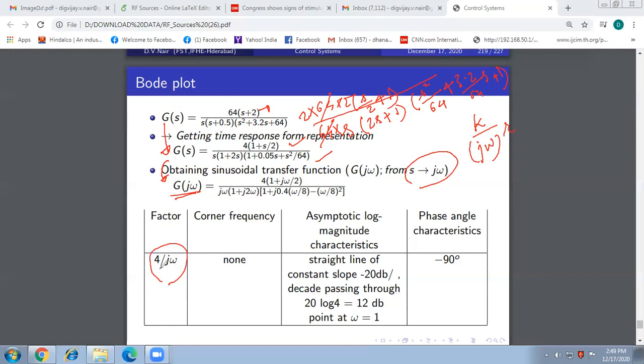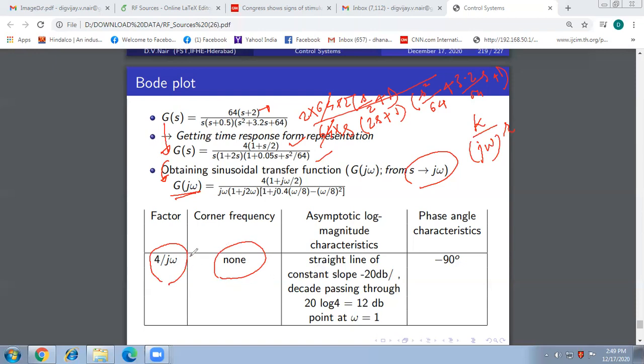Now we know when we have such a term, the corner frequency is none. That means the magnitude plot holds for all values of frequency without any modification or change at certain frequencies. So there is no corner frequency for such a term k upon j omega to the power r.